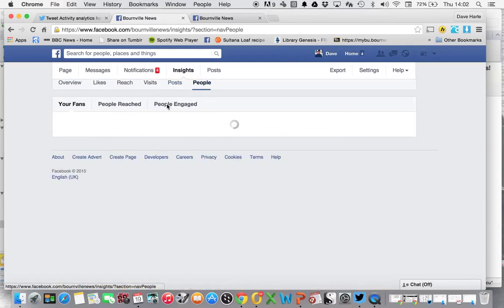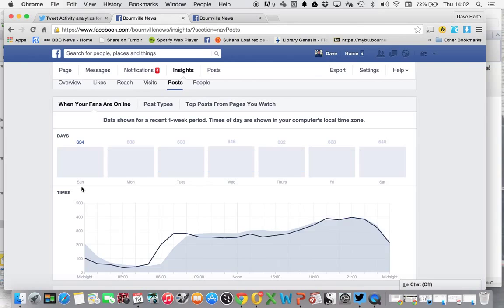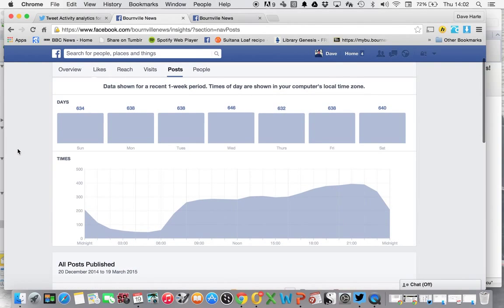Now, what's good about Facebook's detail is that Facebook will actually tell you when the fans of your page, the people who have liked it, are online in general. So it gives you a kind of curve to show that most of your fans, most of the people who have liked your page, in my instance, are online at 9 o'clock at night.